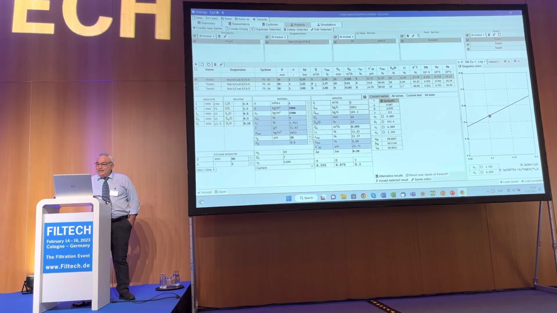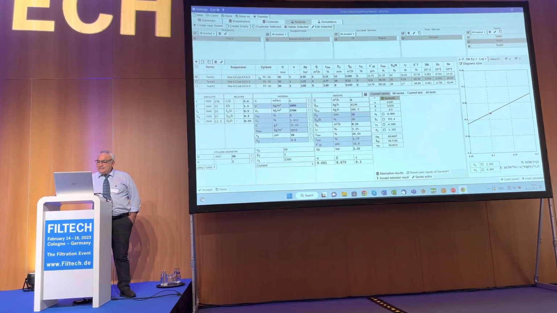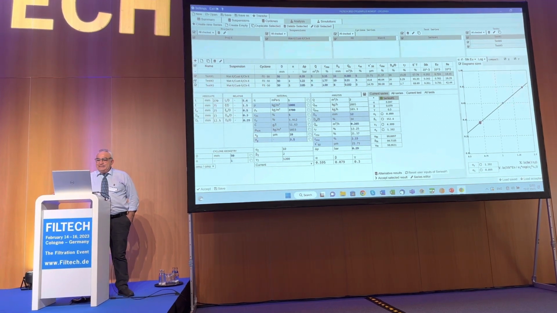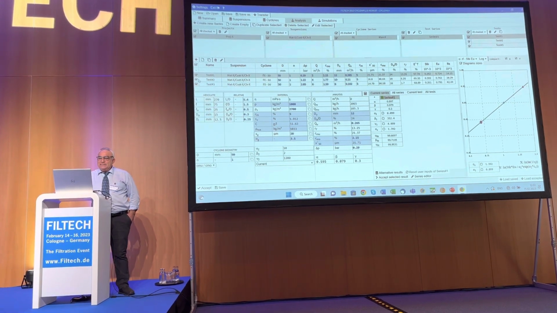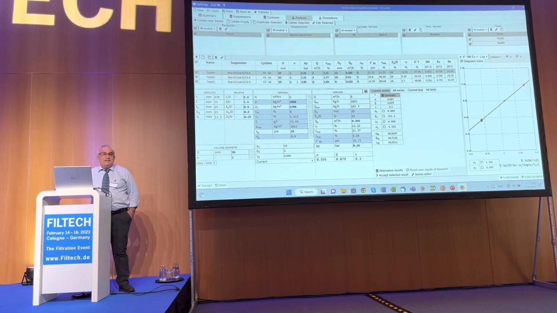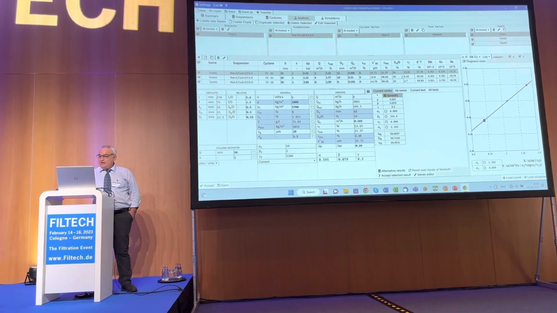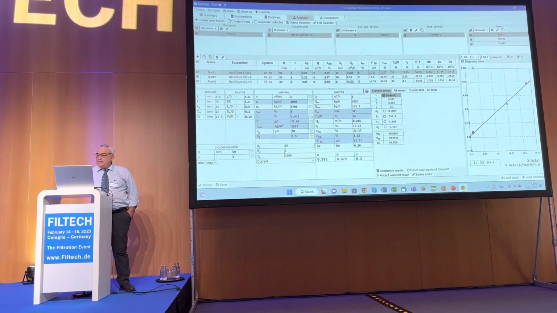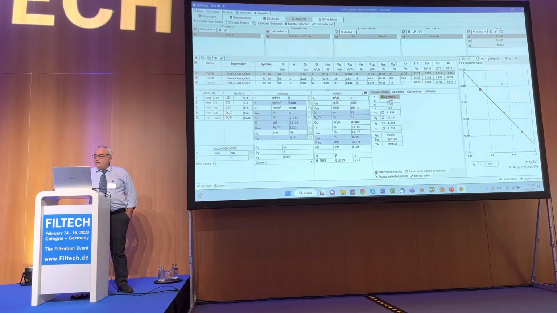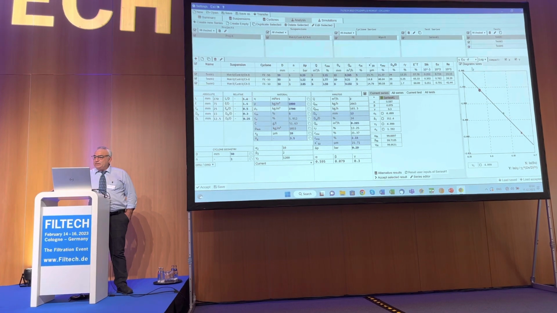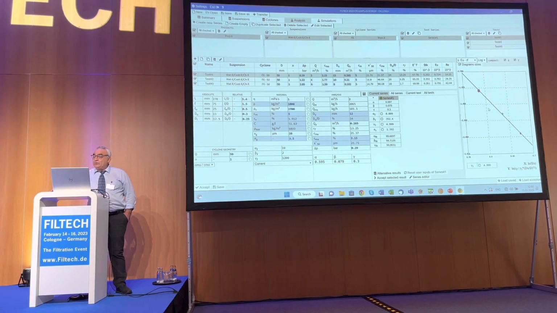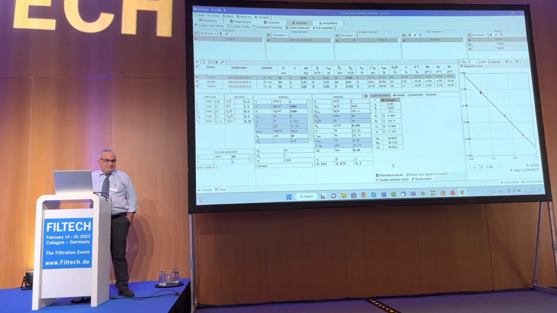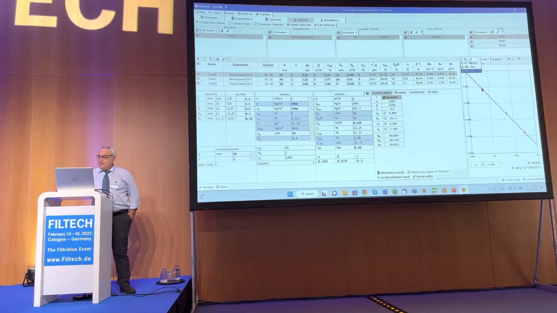In this case, we cannot have reliable data from only one experiment. We need at least 3 experiments for having that. And as you can see, we have some curves here which show us the accuracy, because we have also a fit of this here.